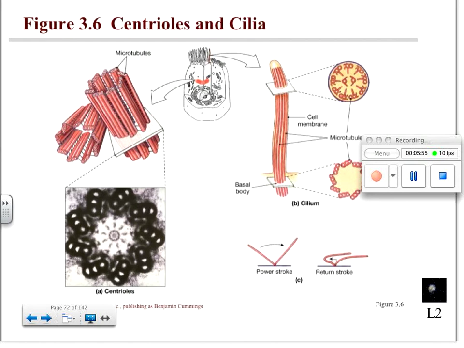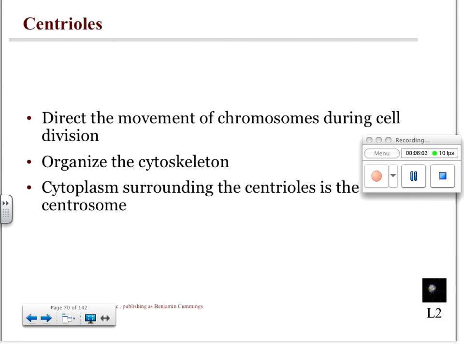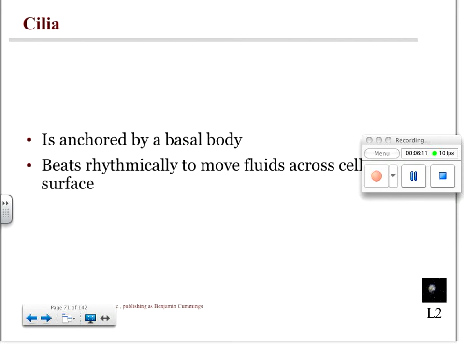So that's a centriole. And its function, let's go back and take a look, is directs the movement of chromosomes during the cell division, organizes the cytoskeleton and the cytoplasm surrounding the centrioles and the centrosome. And it is anchored by a basal body, and oh, sorry, this is not centriole anymore.